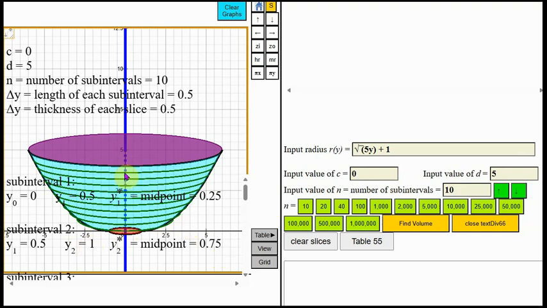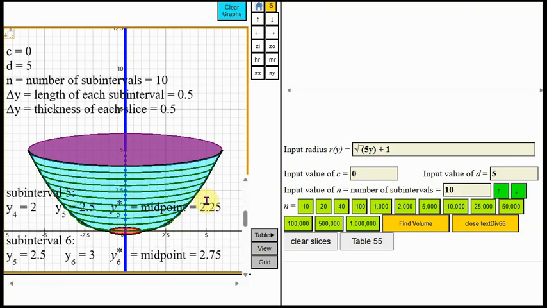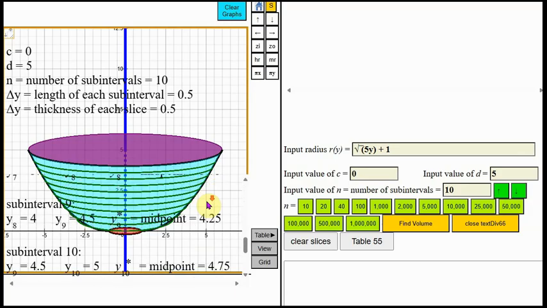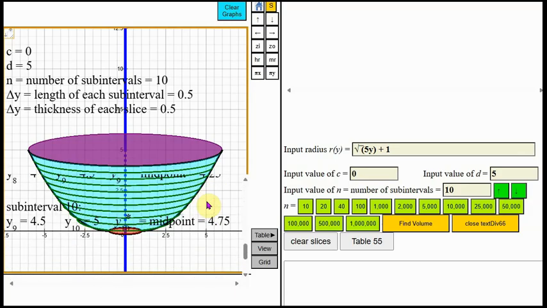And then up to the last slice, which is slice number 10. And slice number 10 is going to be between y equal to 4.5 and y equal to 5. And so the midpoint is going to be 4.75. And then to find the volumes of the 10 slices, we can estimate them with cylinders.